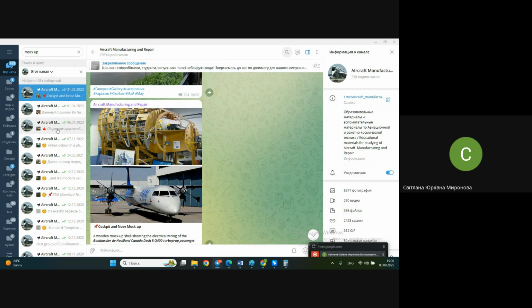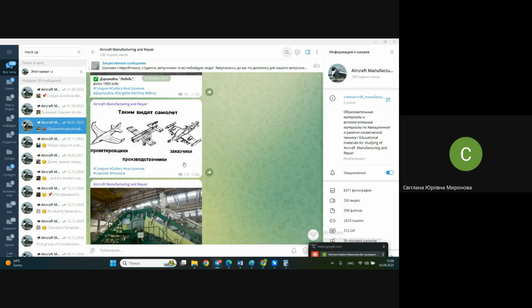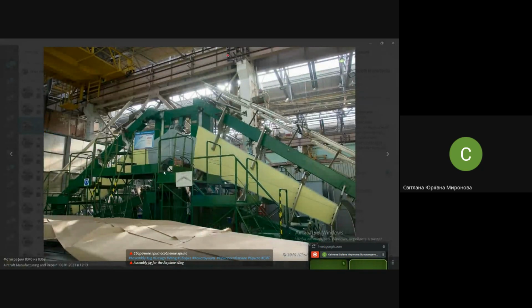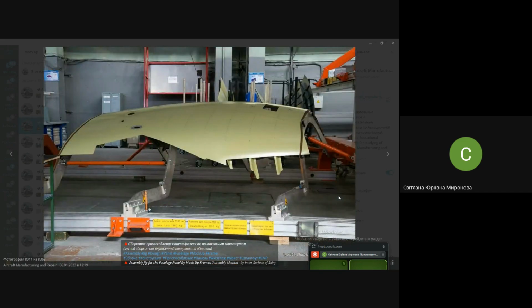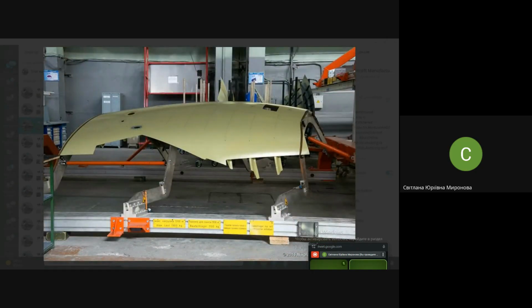That one we have seen. That is, oh, here is an assembly jig actually, in a half destroyed way, because not all locators are shown. That is also an assembly jig, and you see it looks completely different. But it was an assembly jig for a panel.